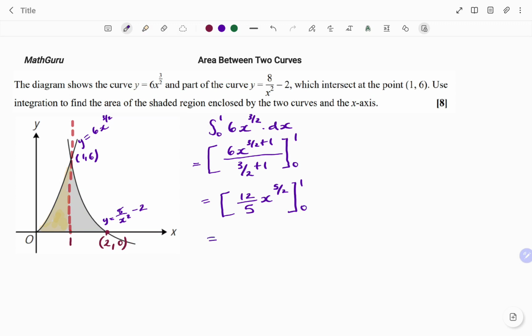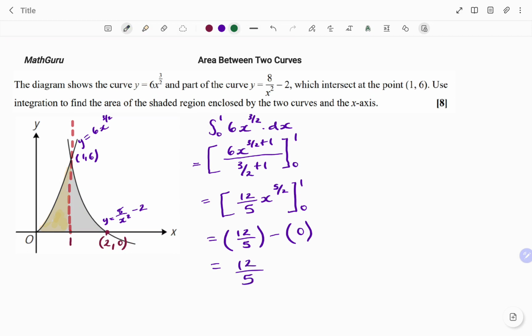That's equal to, starting from 1, 12 over 5 times 1 to the power of 5 over 2, which is 1, so I have 12 over 5 minus, substituting 0 as x, that will give me 0, because 0 times any number is still 0. So my final answer for the area of the first part of the shaded region will be 12 over 5.